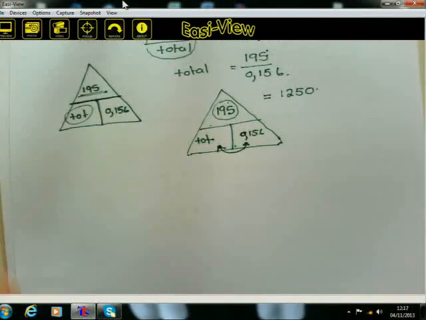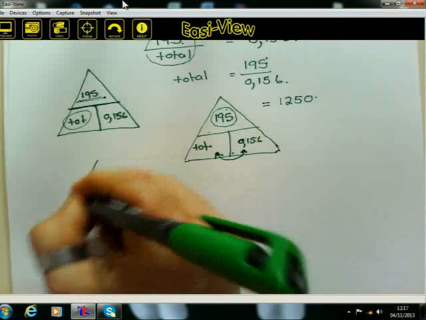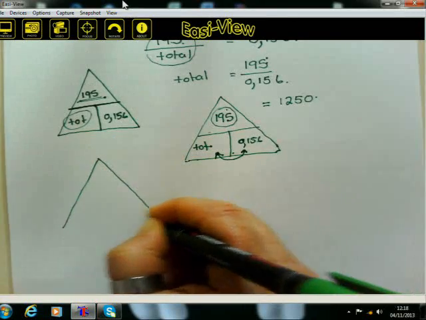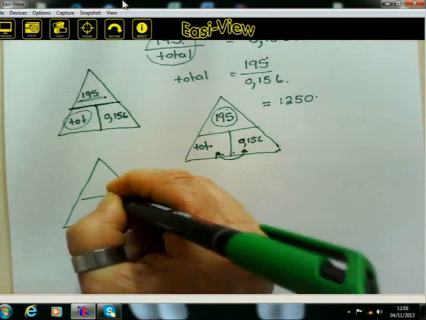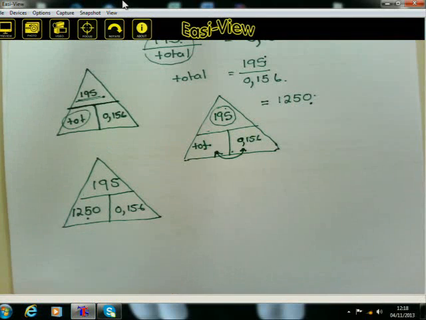Now let me just explain how such a triangle works. If you have any three quantities where you want to calculate something, then you put the quantities in a triangle like this. Remember the total is 1250, so in the place of the total I write 1250. We read the total from the triangle as follows. I'm going to do it for you in this case with numbers so that you can see how it makes sense.